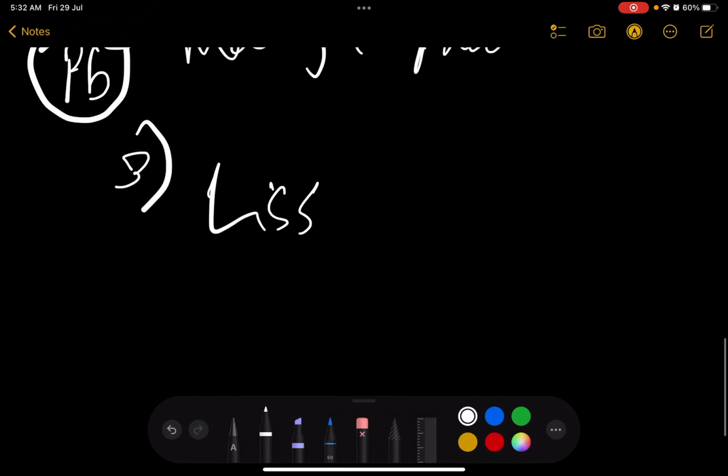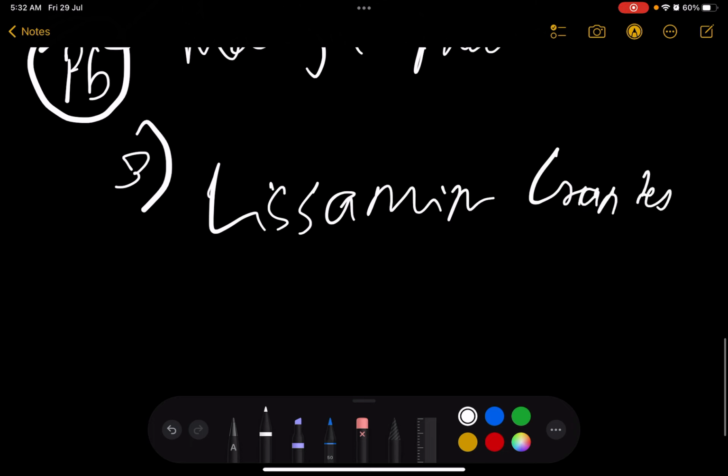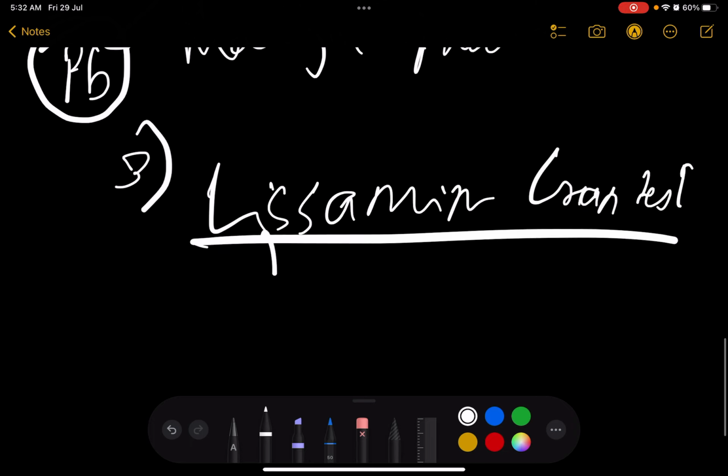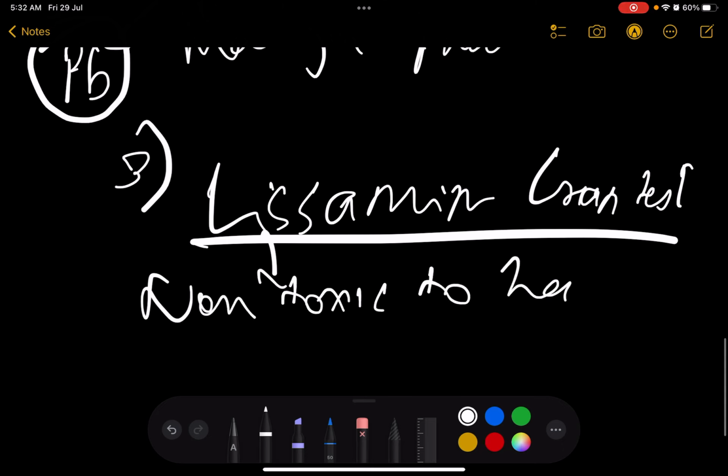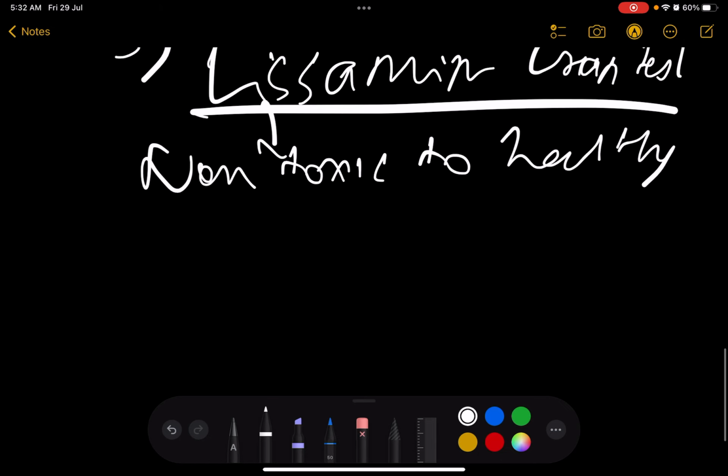Lissamine green test. I find this is the best test because it's non-toxic to healthy tissue. It can also be used in dry eye by checking the conjunctiva, and you want to check for stippled appearances. All right. And last is your Alcian blue.